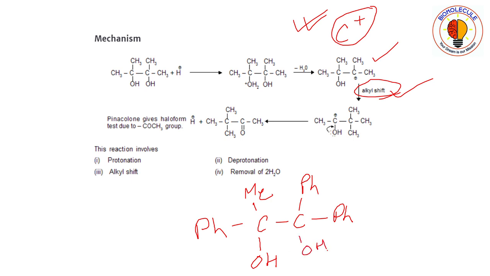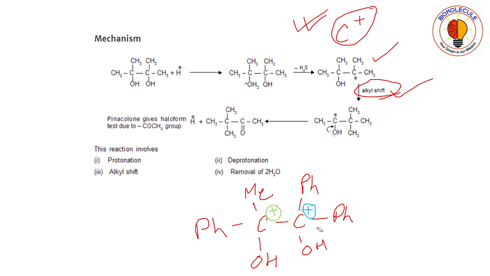Suppose this compound. First we have to see which carbon will form the carbocation. If the green marker carbocation forms, then it is stabilized by one methyl group and one phenyl group. If the blue marker carbocation forms, then it is stabilized by two phenyl groups. So obviously two phenyl groups will stabilize the carbocation much more compared to one phenyl and one methyl group.